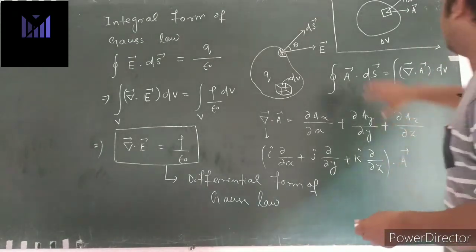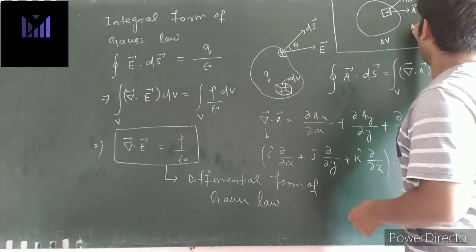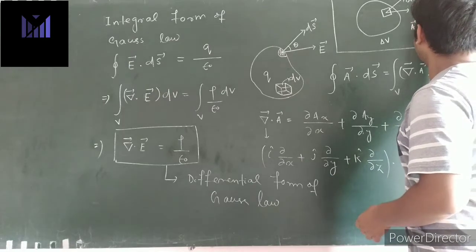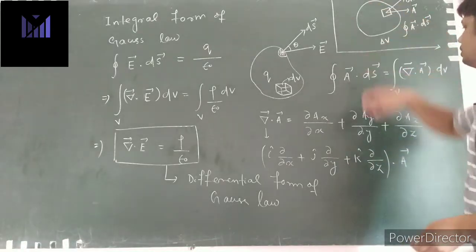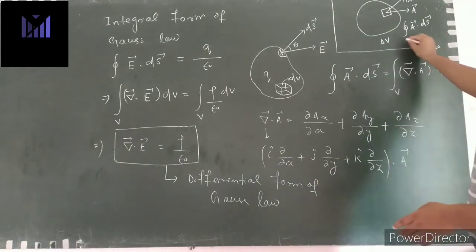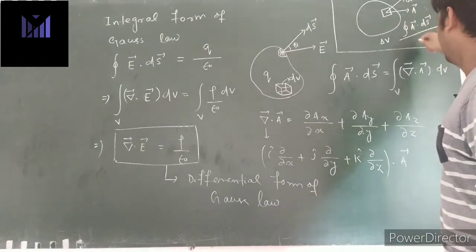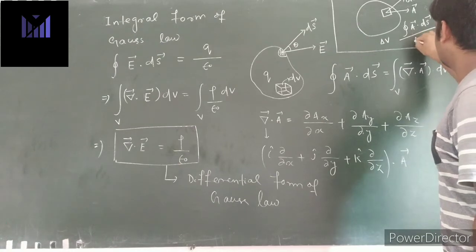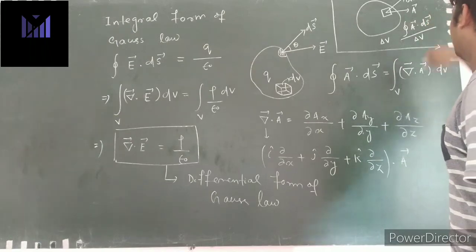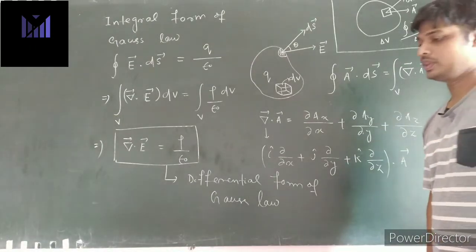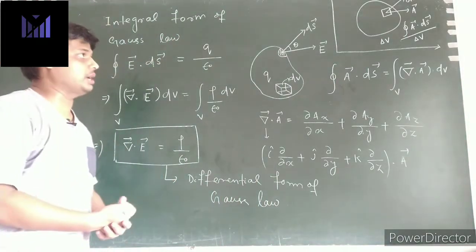If we calculate the total flux associated with this surface, it will be equal to A dot ds, the surface integration along the whole surface. And if we divide the whole expression by this small volume, this result will give you the divergence of A. So this is the physical significance of divergence of A.